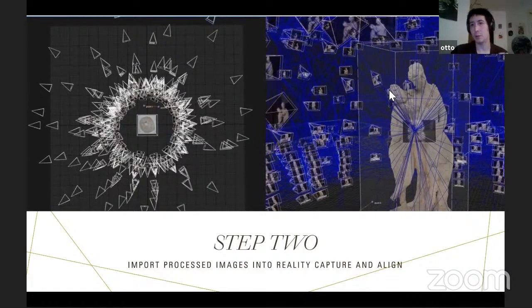This is what's called a sparse point cloud of millions of measured points that have been extracted from the images. And these blue lines emanating between the image thumbnails basically illustrate how it's interacting with the images surrounding it. So this one image here in the center is connecting to dozens of other images around it.